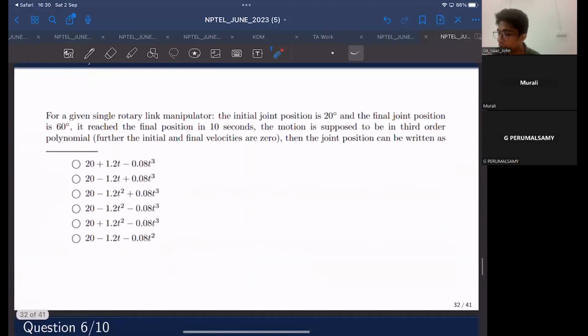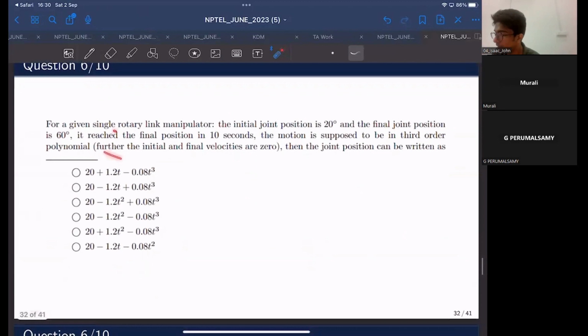Okay, so moving on to question 6. So this is also similar to the problem that we have seen. So instead of the velocities, they are simply asking us to find the trajectory, or the interpolation formula.